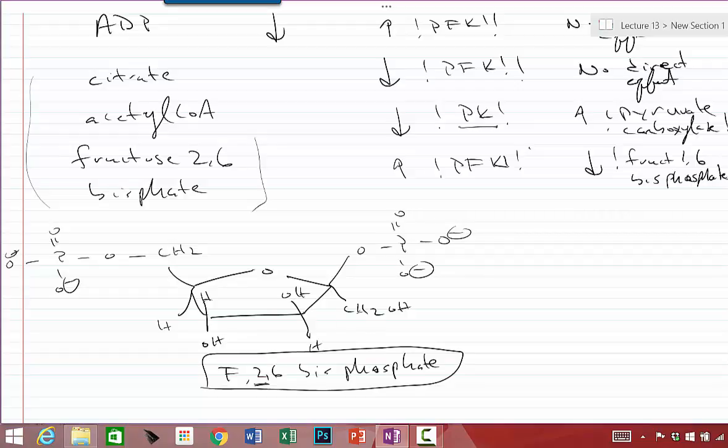This was discovered relatively recently, and it is an allosteric regulator of glycolysis and gluconeogenesis. I want to mention the numbering system here. So this is number 1, this is number 2, this is number 3, 4, 5, 6. And so you can see that on the 2-carbon, you have the phosphate attached to this. This is why this is called fructose 2,6-bisphosphate.